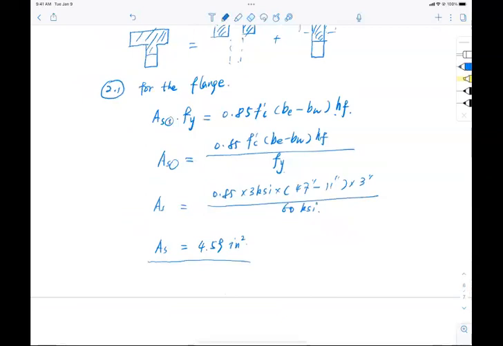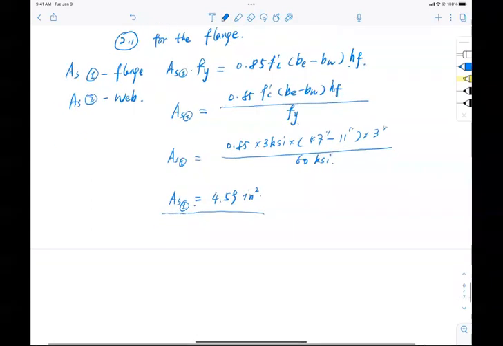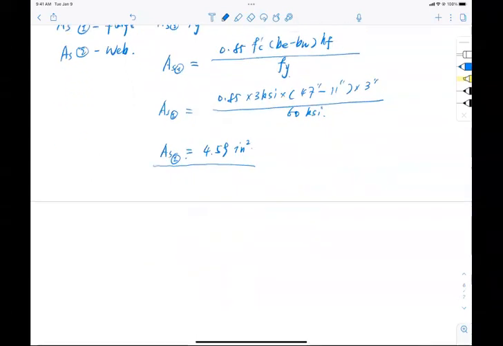So this is AS1. Sorry about that. Let me just label here 1 flange, 2 web. So AS1 is the area for the flange, AS2 is for the web. So that is 4.59 inch squared. Okay, apologize. It often happens, unfortunately.